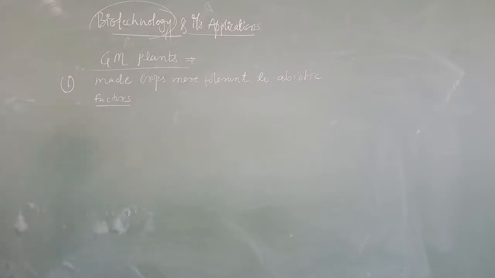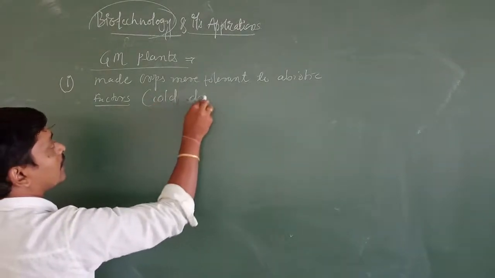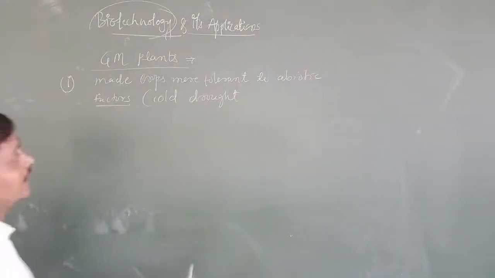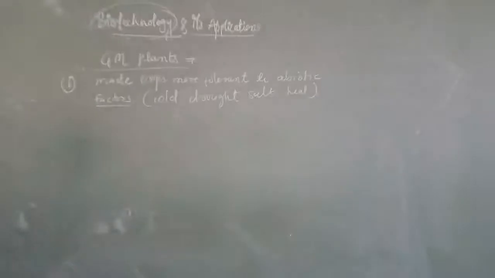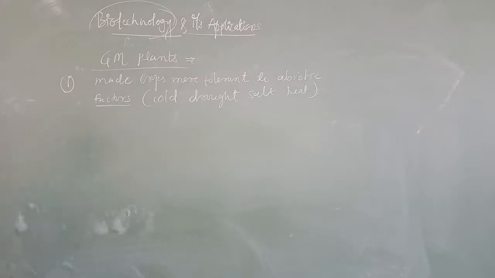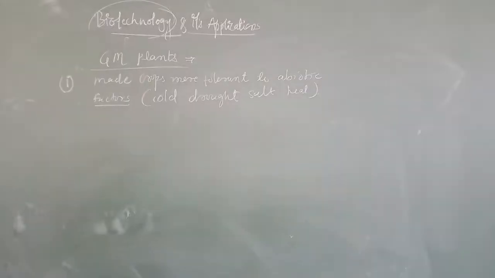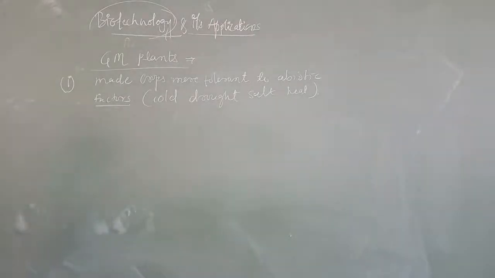What are those? Cold, drought, salt, heat, etc. In the sense, genetically modified plants are made in such a way that the crops are more tolerant to the abiotic factors. Stressors are factors like cold, drought, salt, and heat.